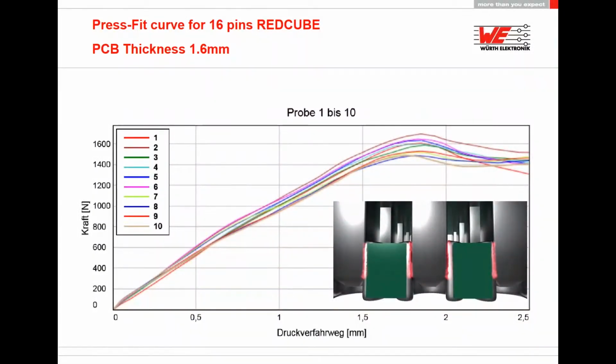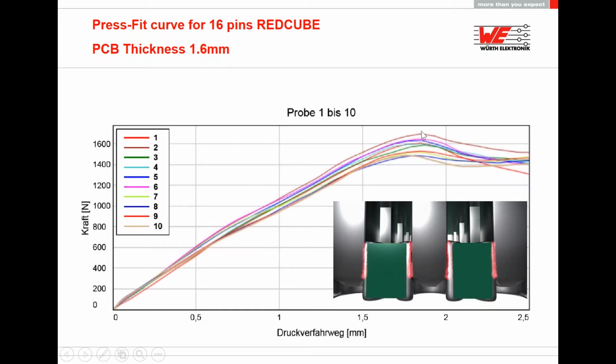How the press fit curve looks like: when we press the parts into the PCB, we have our way of pressing. We can see here the peak, and this peak shows us where the pins are coming out of the PCB, here at this step.